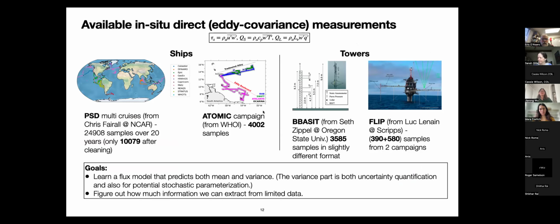There are different formats of data between these data sets. Some of them report a current speed, some of them don't. And some of them report wind speed measured at multiple heights. So far, I haven't found a good way to use that information consistently across data sets, unfortunately. But that's a good point.